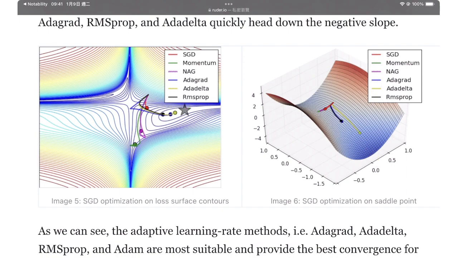Okay, let's take a look at the green one. That is the momentum. So you can see that at the starting point, it is somewhere in the middle of the hill, the mountain, right? Somewhere here, and it goes to the lower point, and you can see that with the momentum, it tries to climb up to some other hills, right?